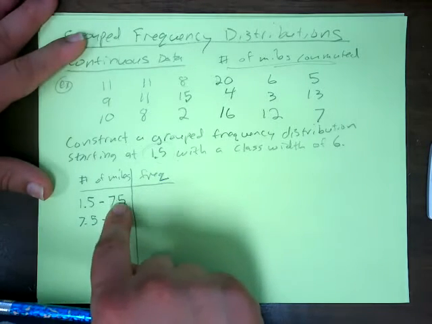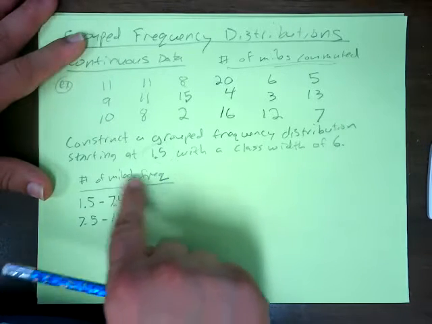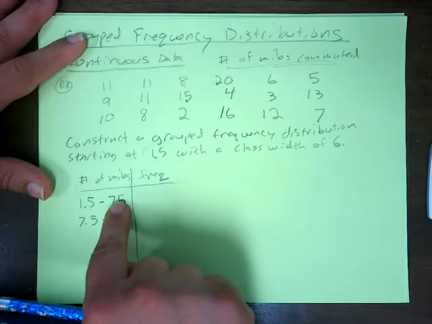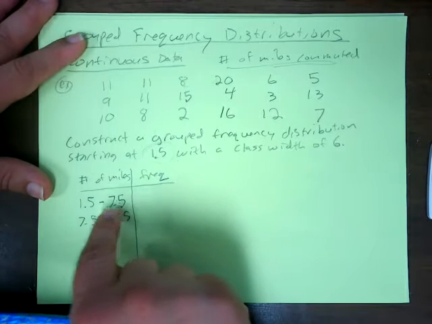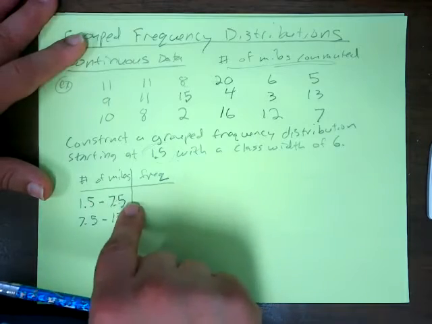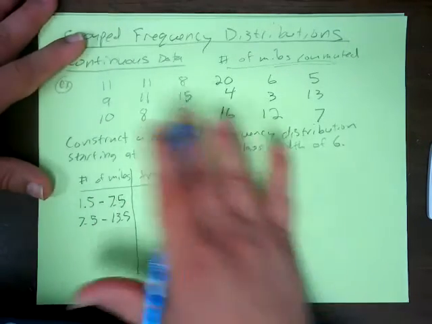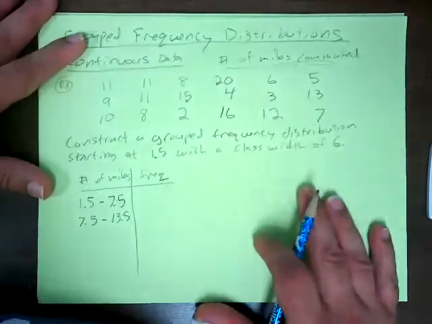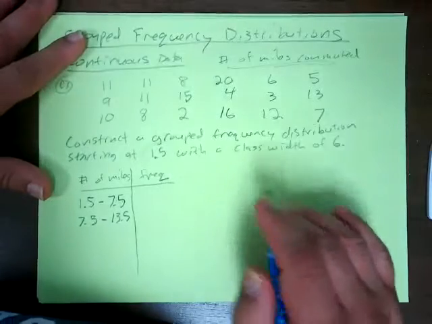Just like I would take 7.5 and round up to 8, anything on that boundary is in my next class up. Anything below it, like 7.4999, would be in this class, but once you hit 7.5, you're in the next class up. So this way, every value, no matter how many decimal places you're measuring to, will belong to one and only one class.